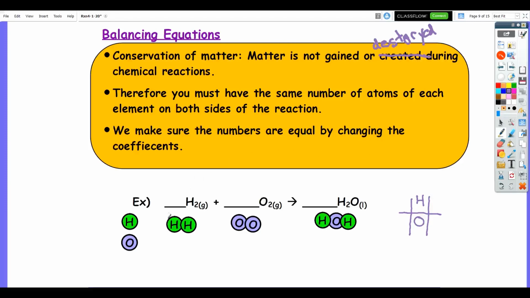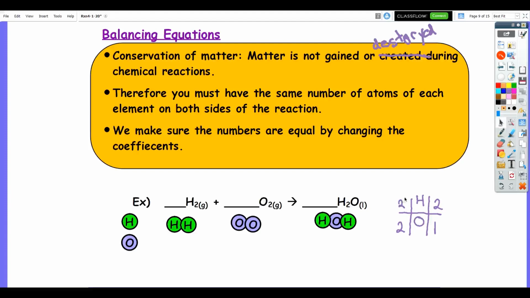Now to start on this side of the arrow, I have 2 hydrogens. I have 2 oxygens. And on the right side of my arrow, I have 2 hydrogens and 1 oxygen. So this is not balanced. So I'm going to change my coefficients so I have equal numbers on either side.